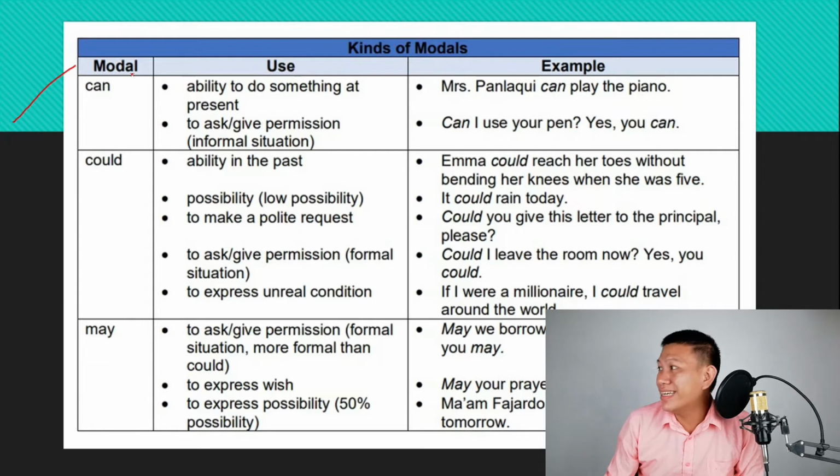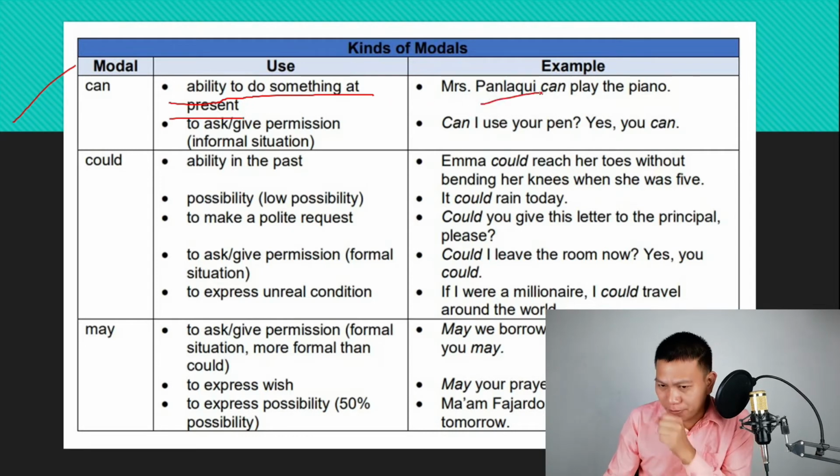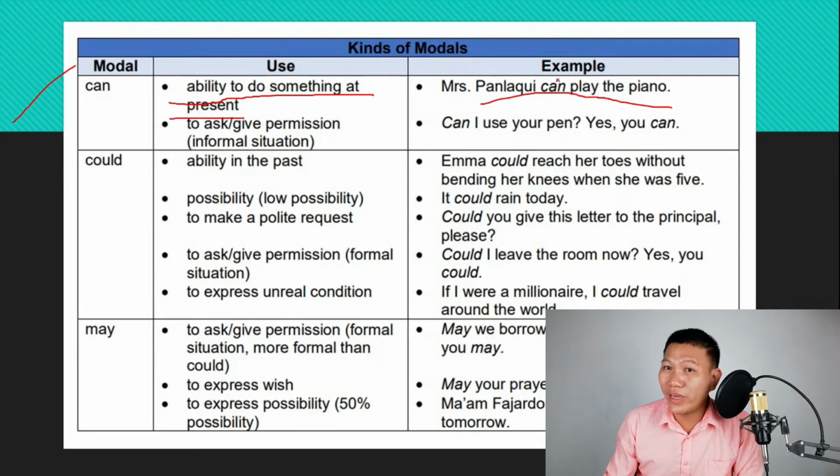Just like what I said, can express ability. So when we use can, we express ability to do something at the present. Example, Mrs. Panlaki can play the piano. So who can play the piano? It's Mrs. Panlaki. She can play it, ability, at the present.